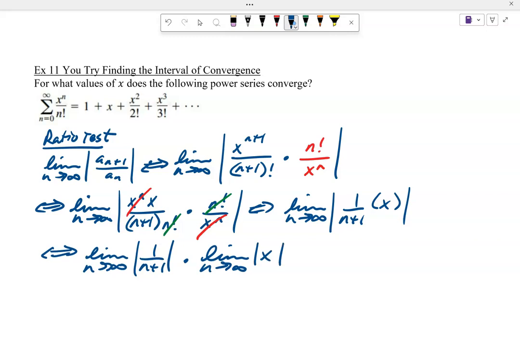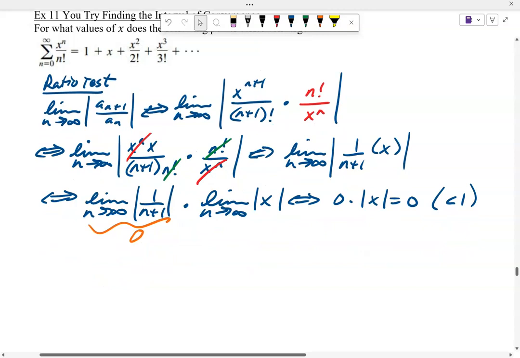Now the limit as n goes to infinity of 1 over n plus 1 is 0, right? And so we got 0 times the absolute value of x. Well, that's 0, and that's less than 1 for all x being fixed values.